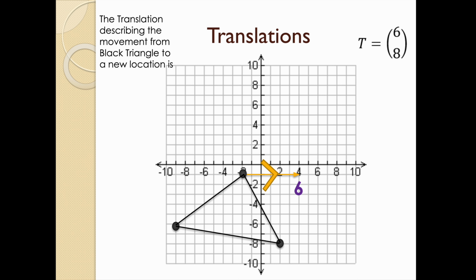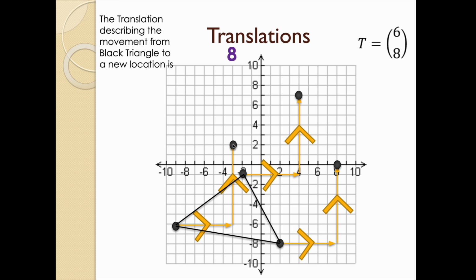So we do the first point here. We go 6 to the right, and then 8 up. So 1, 2, 3, 4, 5, 6. Then we go up 1, 2, 3, 4, 5, 6, 7, 8. Next one. Again here, 1, 2, 3, 4, 5, 6. Then we go up 8. We do it for the next point, 6 to the right and 8 up.